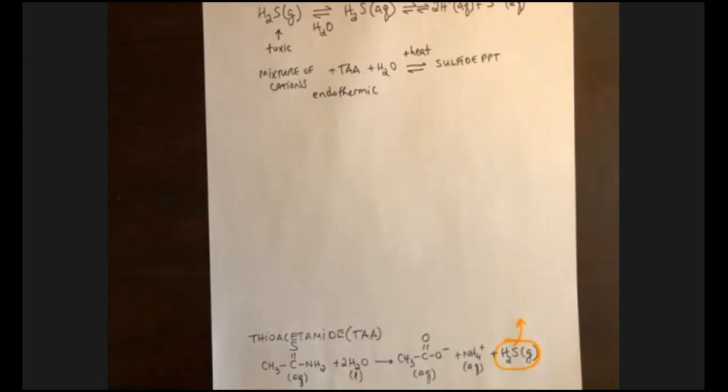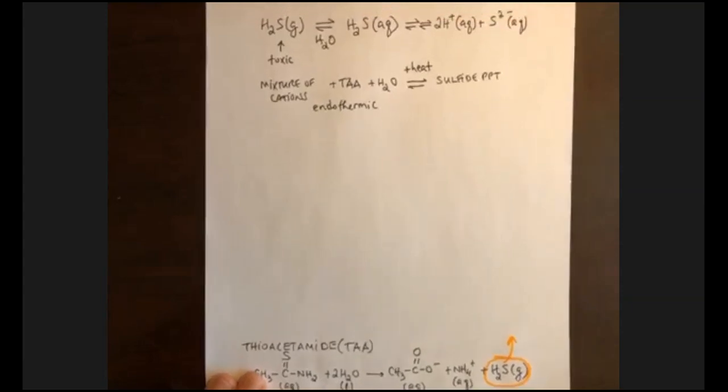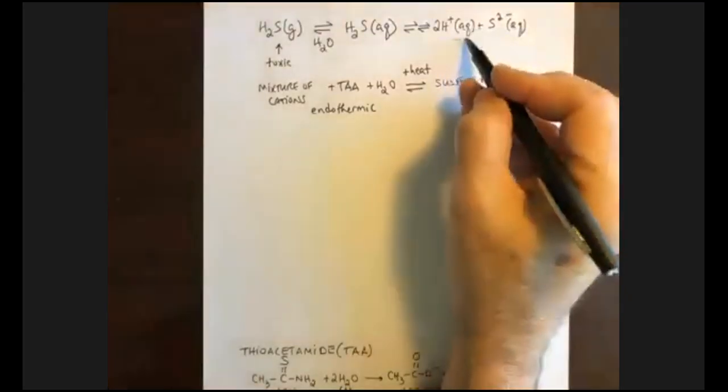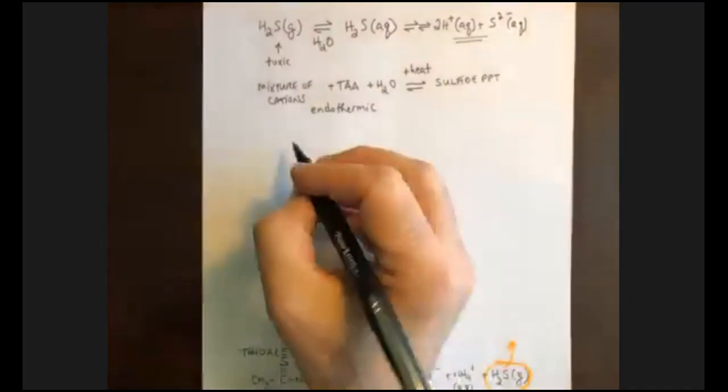Now, because hydrogen sulfide in solution is acidic and it has an equilibrium, its ionization here is going to depend essentially on the pH of the solution. So let's consider what would be the Ka for that equilibrium.